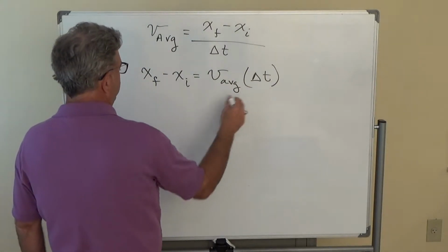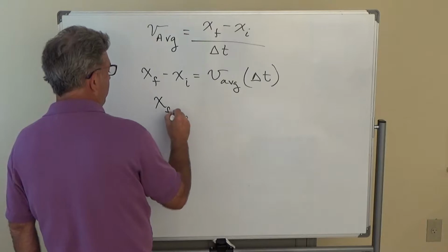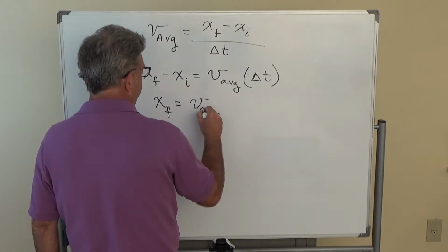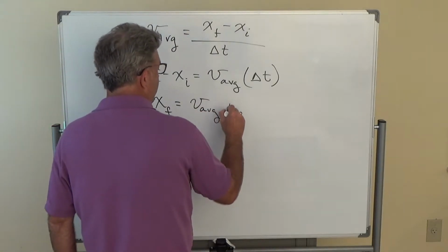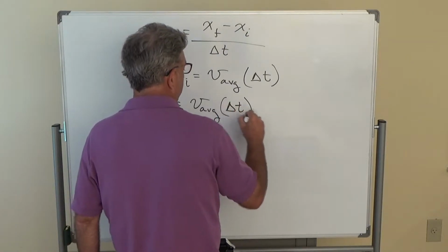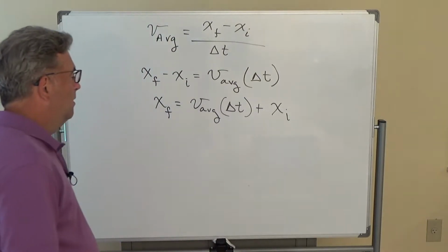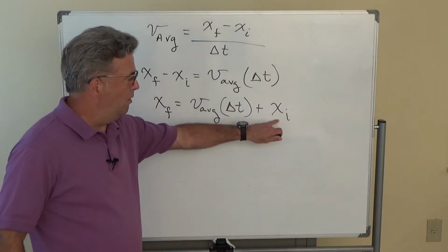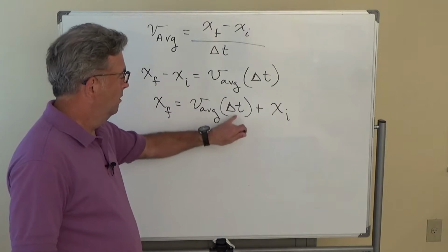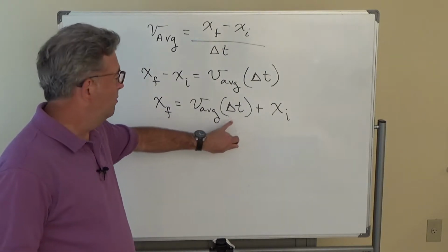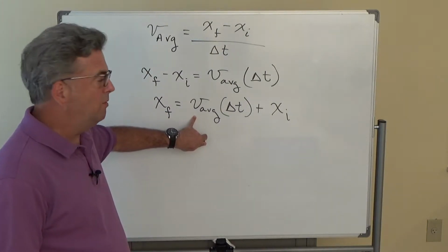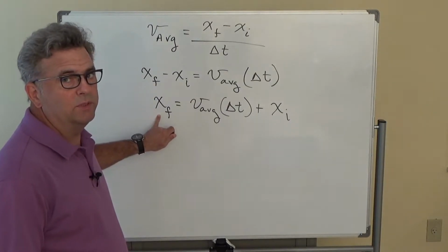Moving this to the other side, we get x final is equal to v average times delta t plus x initial. So what this says is, if you know your initial position, the time that you traveled and the velocity at which you traveled, you can find the final position.